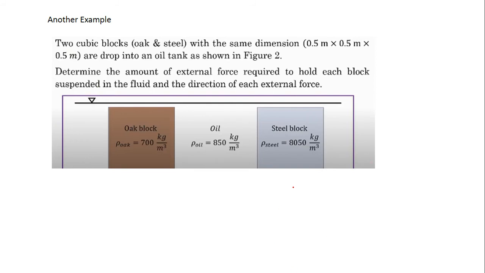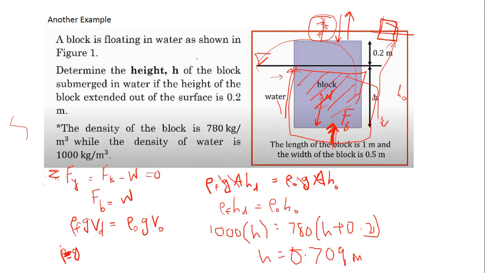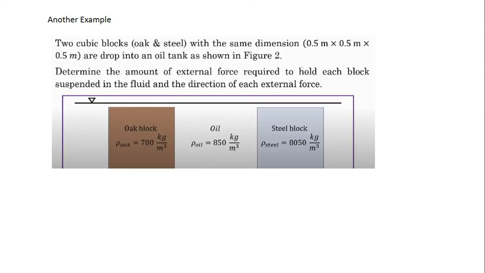The difference from before is that it was floating, so you didn't have any external force. Now your block is submerged. There are two different blocks, one oak and one steel, submerged in oil.